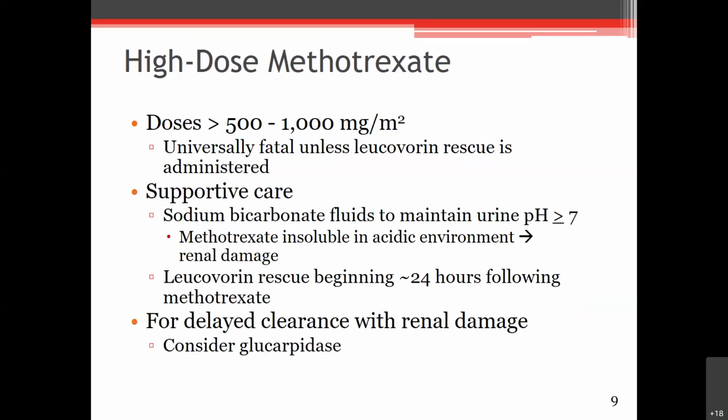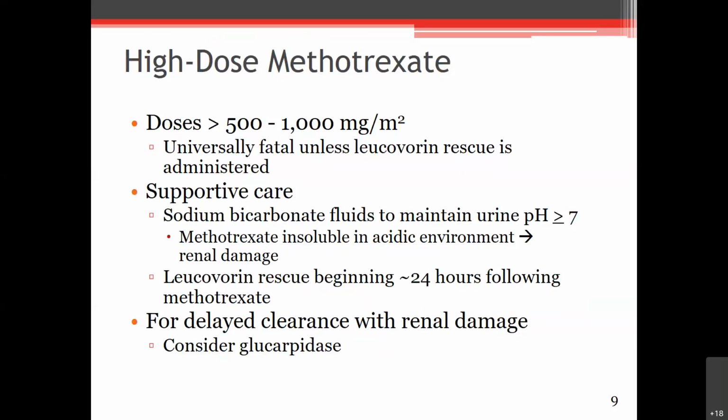When we talk about high-dose methotrexate, the exact cutoff varies a bit from one source to the other, but it's generally accepted that high-dose methotrexate is anything above 500 to 1,000 milligrams per meter squared. And the reason that we call out these specific doses is that they are universally fatal if leucovorin rescue is not administered to these patients.